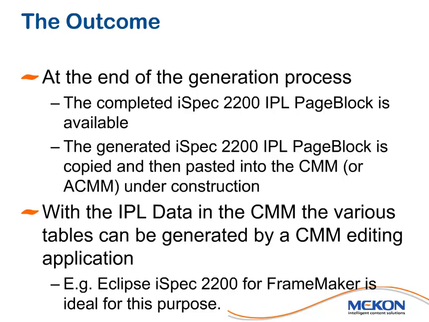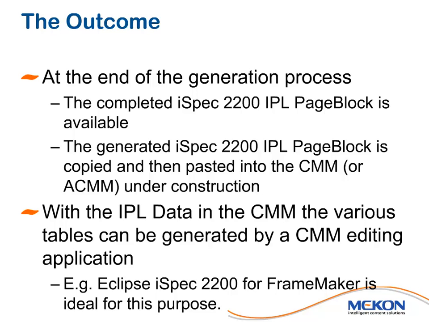When you get to the end of the build process, you now have a completed IPL page block conforming to iSpec 2200. What you have to do then is to get that page block into an editor and copy the structure and put it into the CMM or ACMM under construction.